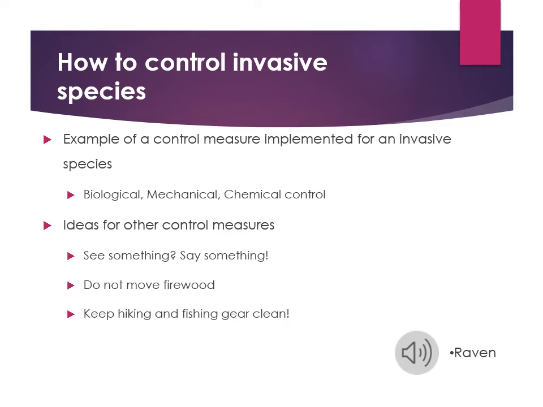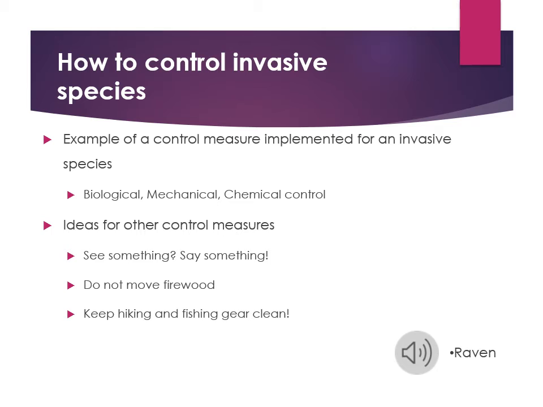So that's just humans stepping in and being the ones to control pests. Mechanical control includes mowing, hoeing, cultivation, and hand pulling. And the final one is chemical control, the use of herbicides to stop the growth and spread of invasive species.